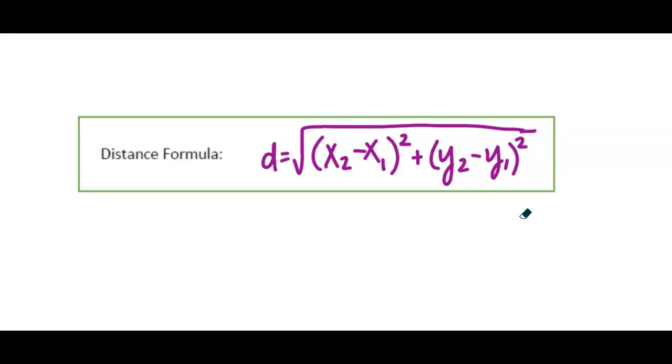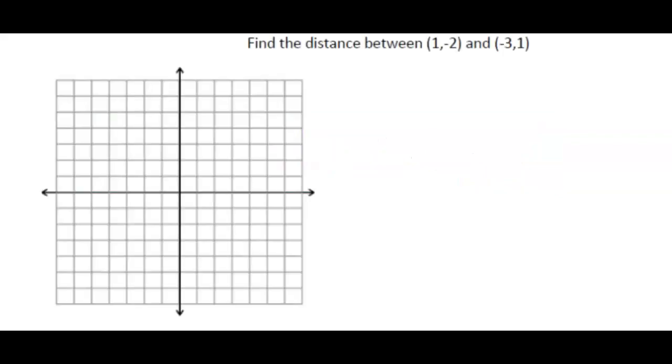So what does a distance formula problem look like? Well, you're given, find the distance between (1, -2) and (-3, 1). So I need to label this, of course. I've got my X1, and I've got my Y1, and I've got my X2, and I've got my Y2. Okay?